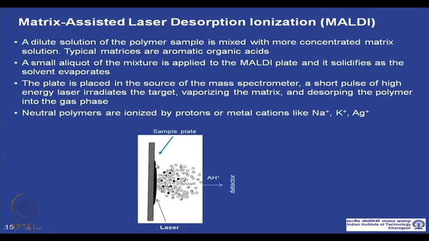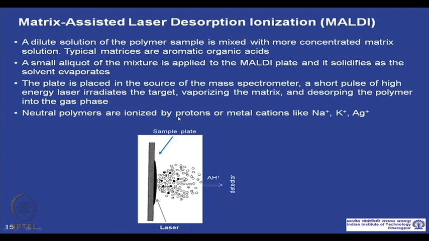When the high energy laser irradiates the sample, the polymer sample along with the matrix gets vaporized, and in the vapor phase the polymer desorbs from the matrix. And if the polymer is already a charged polymer, this is fine.